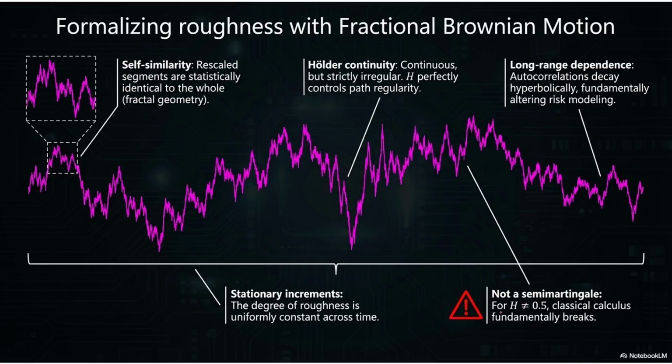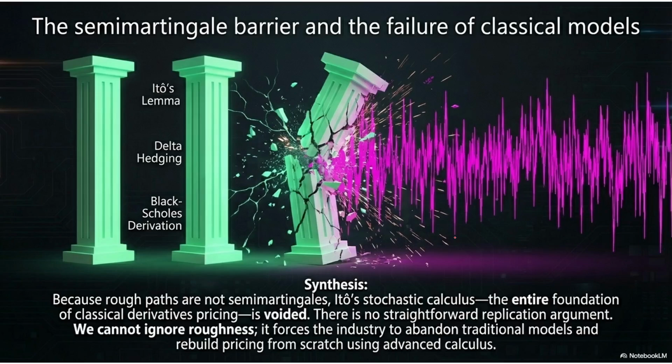Most critically, for H different from 0.5, it is not a semi-martingale, meaning the classical calculus fundamentally breaks. This is an important remark. The fact that rough paths fundamentally break the calculus is a massive mathematical barrier, because we can't write a standard Ito integral for the fractional Brownian motion.